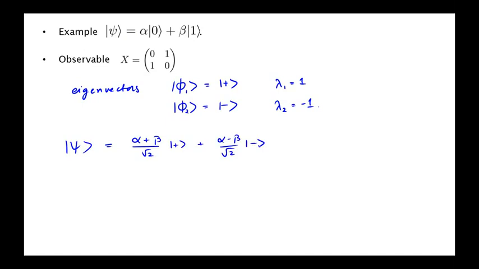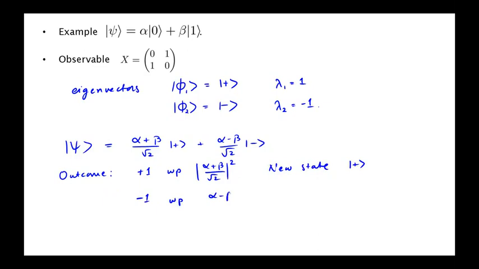And so now the outcome of the measurement is plus 1 with probability alpha plus beta over square root 2 magnitude squared. And if so, the new state is just plus, and it's minus 1 with probability alpha minus beta over square root 2 magnitude squared, and then the new state is minus.